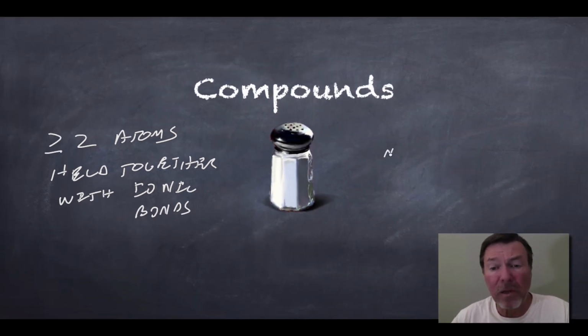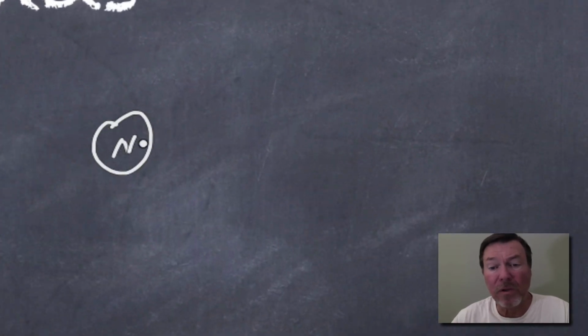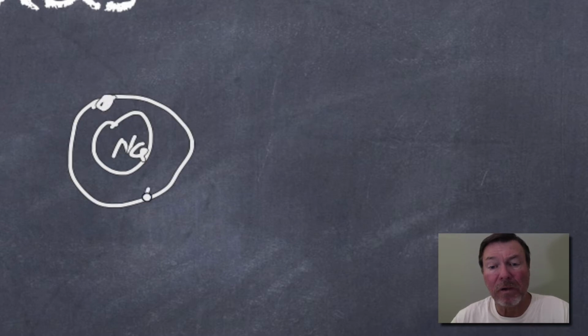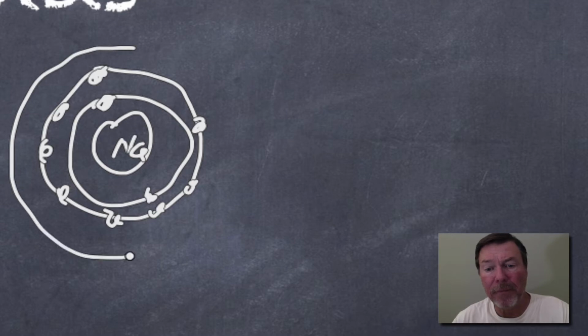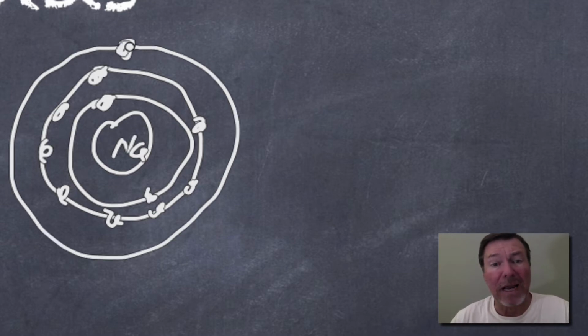You have the nucleus. Say this is sodium, so it'd be Na. You have two electrons in the innermost shell, you have 8 in the next one, and then you have 1 in the outermost shell. Well, it's not happy. It wants 8 in the outermost shell or none. So if we can get rid of that, it's going to be real happy.